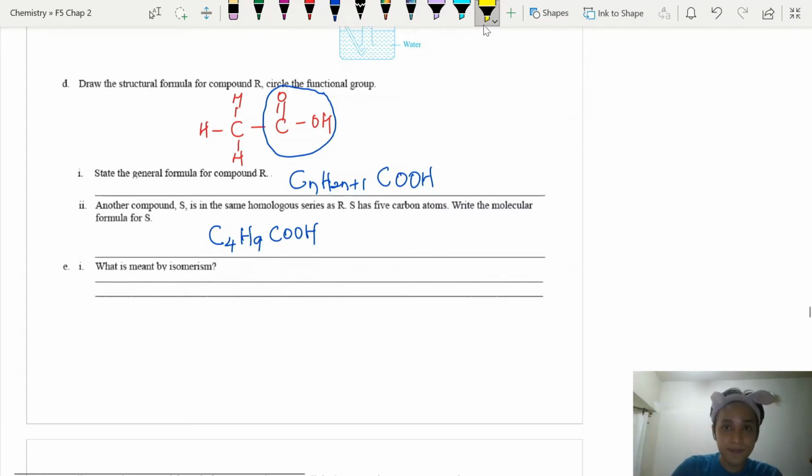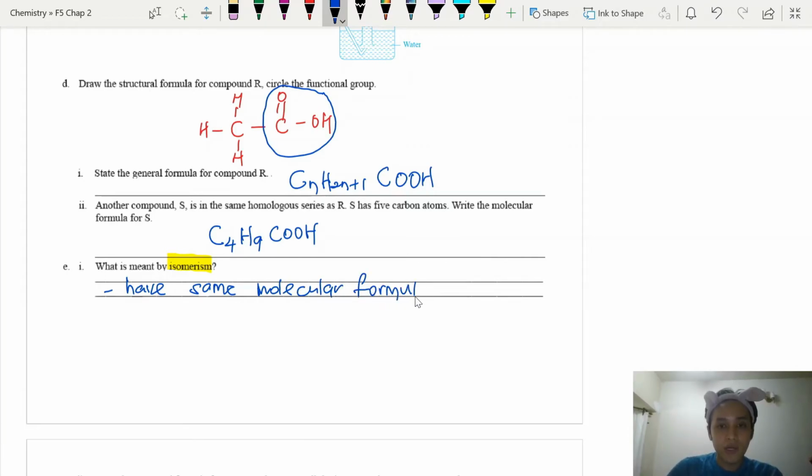Okay, isomerism. Remember, isomers mean that you have the same molecular formula or chemical formula, but different structural formula.